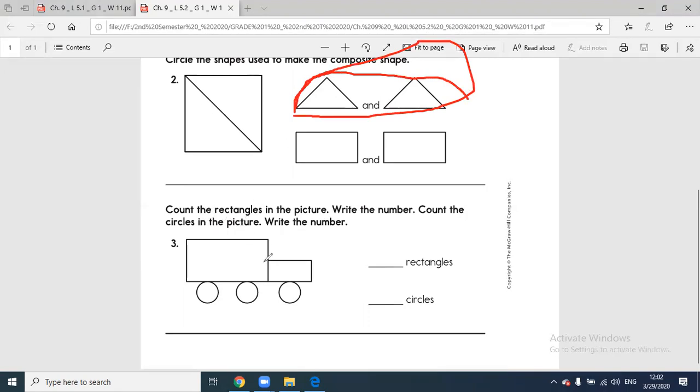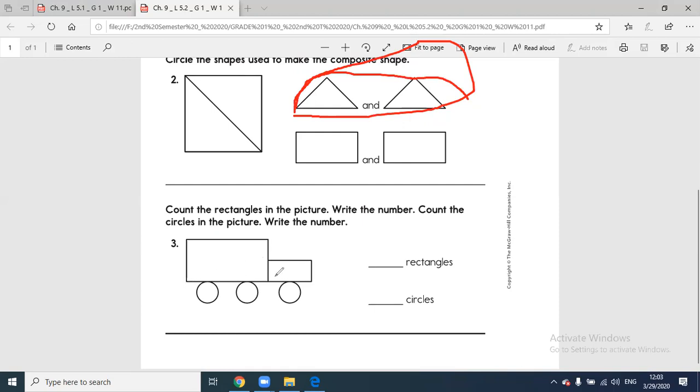How many rectangles? Who can tell me how many rectangles? This looks like a cup. How many rectangles? Number 3 here. Ibrahim, how many rectangles?